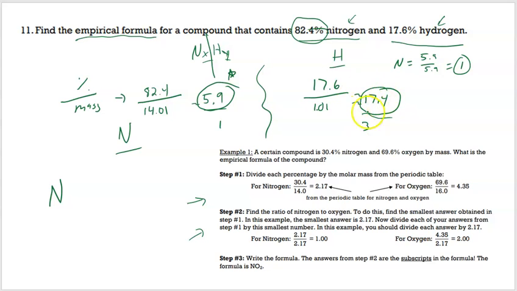My number for hydrogen is 17.4, so hydrogen is 17.4 divided by the lower of the two numbers, which is 5.9, and I get something pretty darn close to 3. So this is telling me I have a 1-to-3 ratio, 1 nitrogen for every 3 hydrogens. My empirical formula would be NH3.